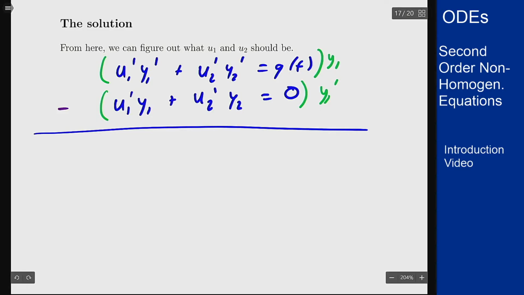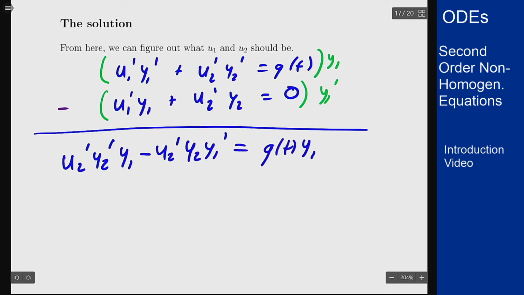And I will end up with u2 prime y2 prime y1 minus u2 prime y2 y1 prime equals g of t times y1.